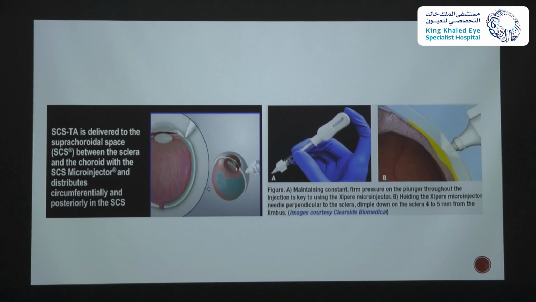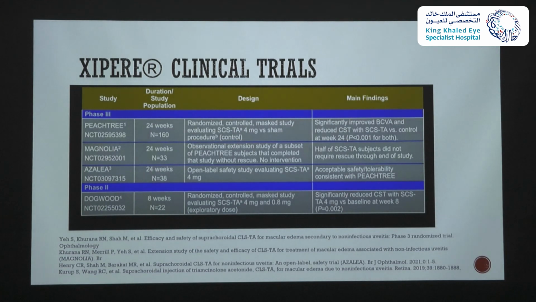This is the suprachoroidal treatment. It is delivered via a microneedle in the suprachoroidal space at 3.5 millimeters from the limbus. And these are the trials that led to approval of this medication.